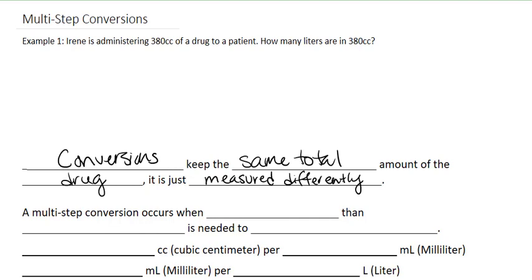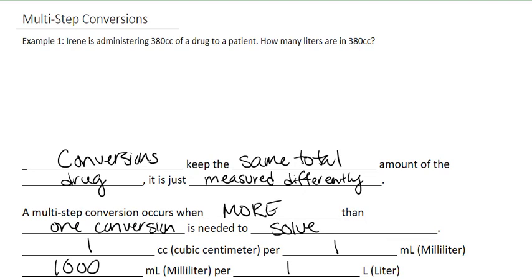A multi-step conversion occurs when more than one conversion is needed to solve. And so, in order to solve this, we need to know that 1 cubic centimeter is equal to 1 milliliter, and 1,000 milliliters equal to 1 liter.